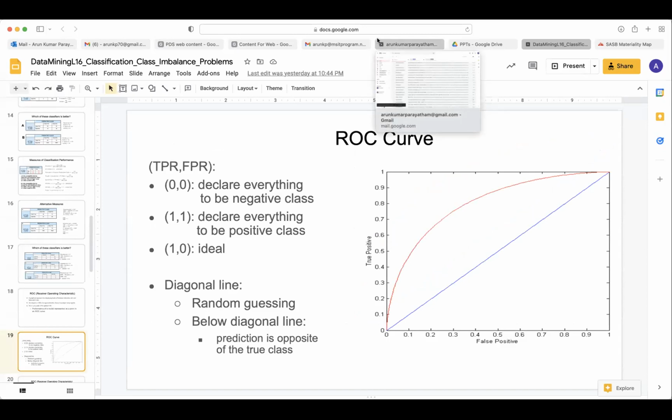Then your curve area, the ideal curve, will be like this. You are getting the entire thing. It should go along this, then turn like this.